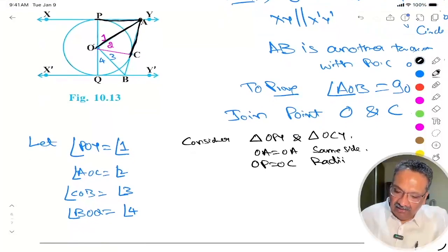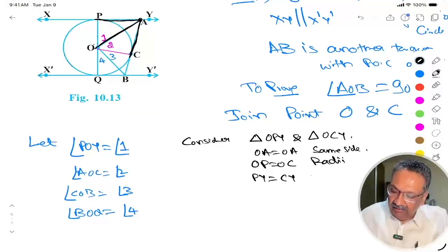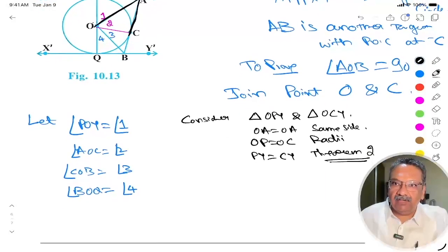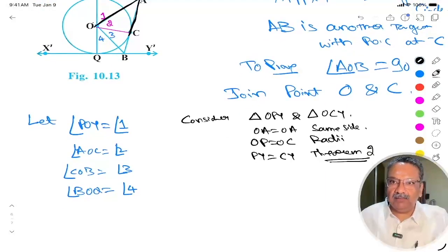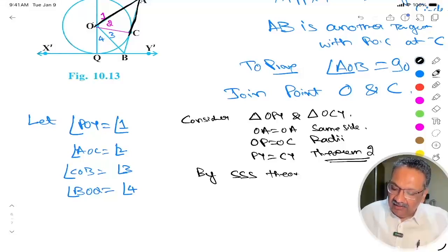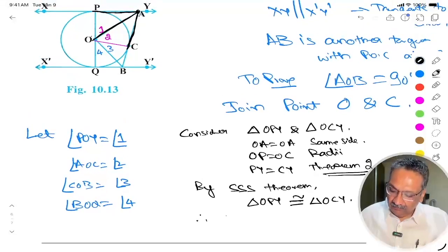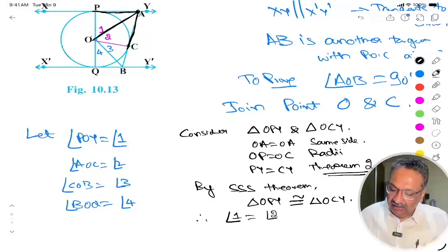Then we have PA is equal to CA because of theorem 2. You have to write theorem 2 here. What does theorem 2 say? The lengths of tangents from an external point to a circle are equal. Now since all three sides are equal, by SSS congruency theorem, triangle OPA is congruent to triangle OCA, and therefore angle 1 will be equal to angle 2.